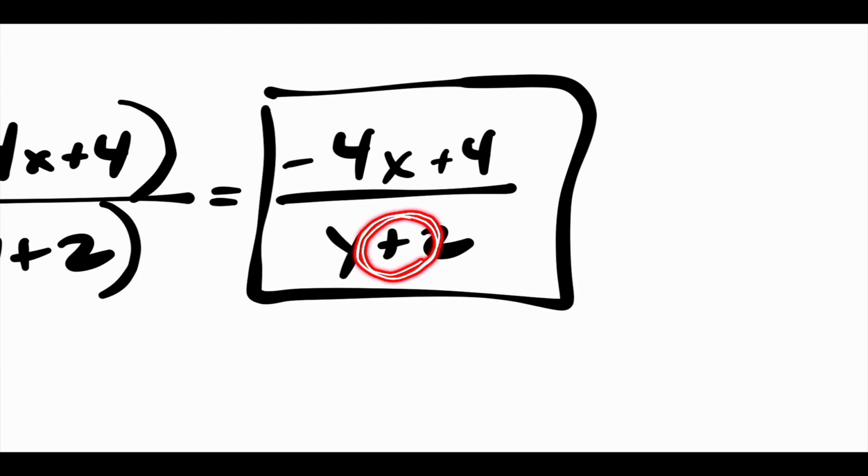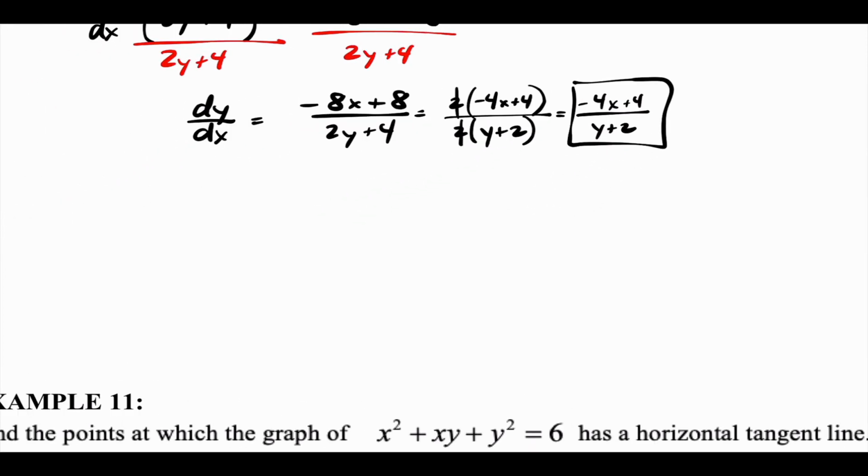If I have 0 on the bottom, that means it's undefined. If I have 0 on top, that means it's 0. So I'm going to set the bottom equal to 0. y equals negative 2.